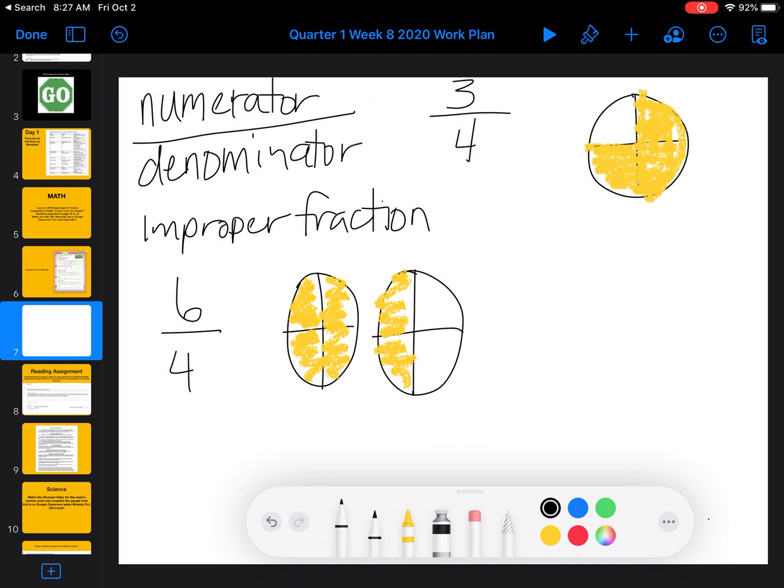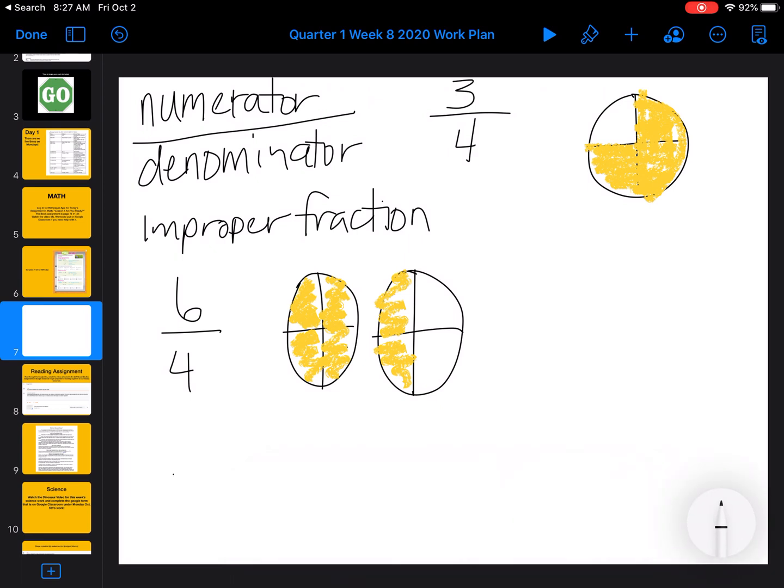To change your improper fraction to a mixed number, which is a whole number and a fraction, you see how many times you can get a whole number from your numerator. Our denominator is 4, so how many times will 4 go into 6 equally? 1 whole time.